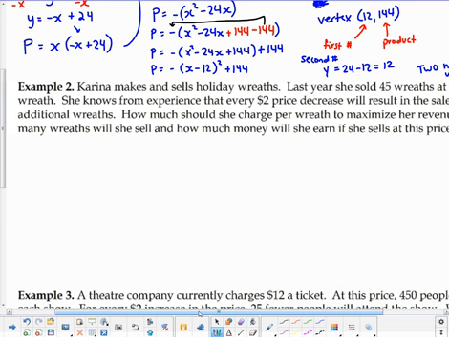Well, whenever we deal with revenue problems, our revenue is always going to be how much money we collect. It's always going to be how much it costs per item, right? Times what? The number of items. Would you agree with that?